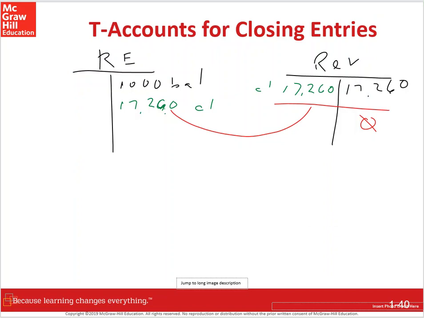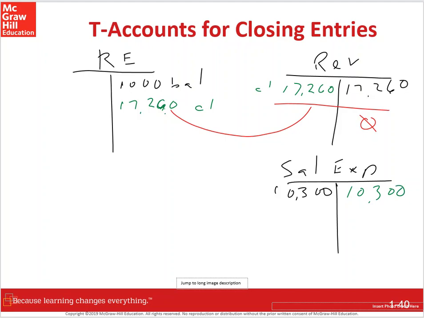So to make that balance of 10,300 go away, we're going to need to credit 10,300.